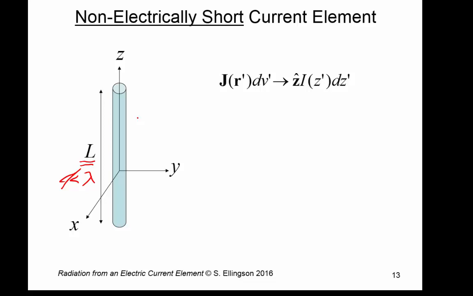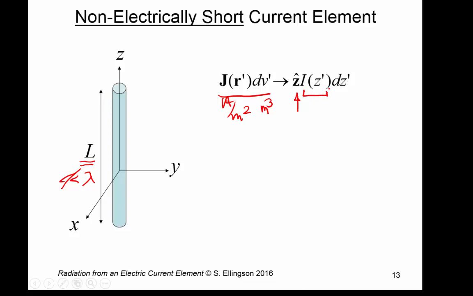So what we're going to do now is say that the product of the current density, again, amps per meter squared, times the volumetric differential current element, meters cubed, is now given by a unit vector, z hat. That doesn't change.